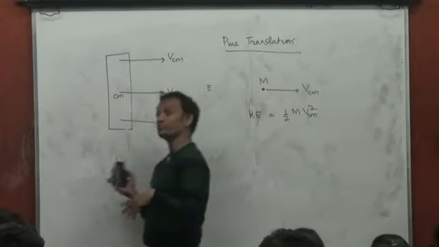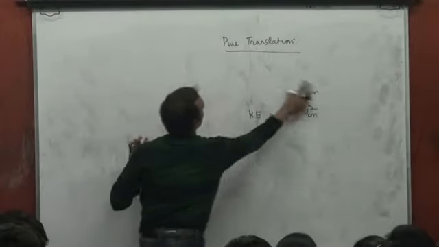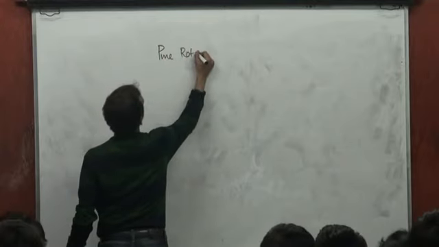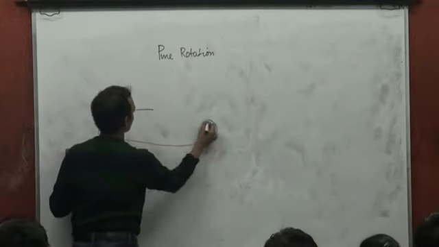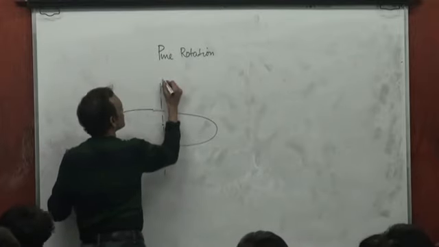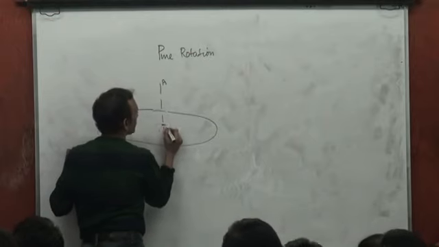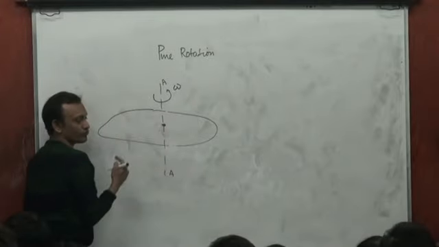In pure rotation, this is a body in pure rotation, and this is the axis of rotation. Let's say omega is the angular velocity of rotation.